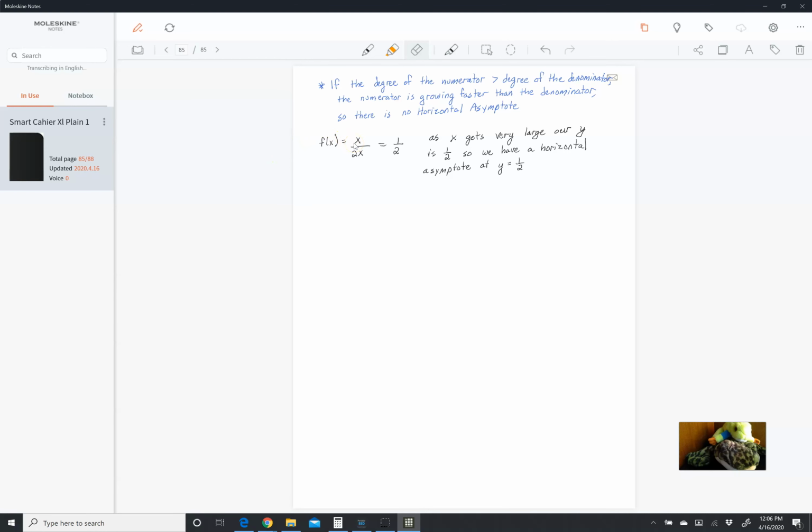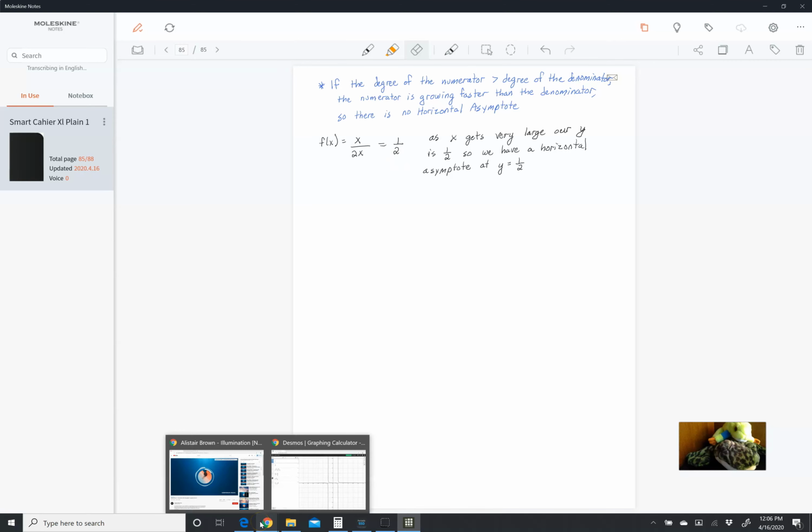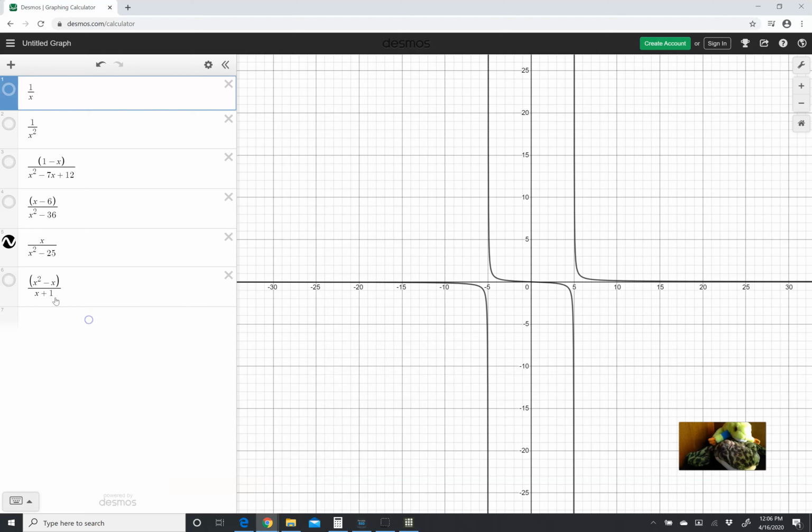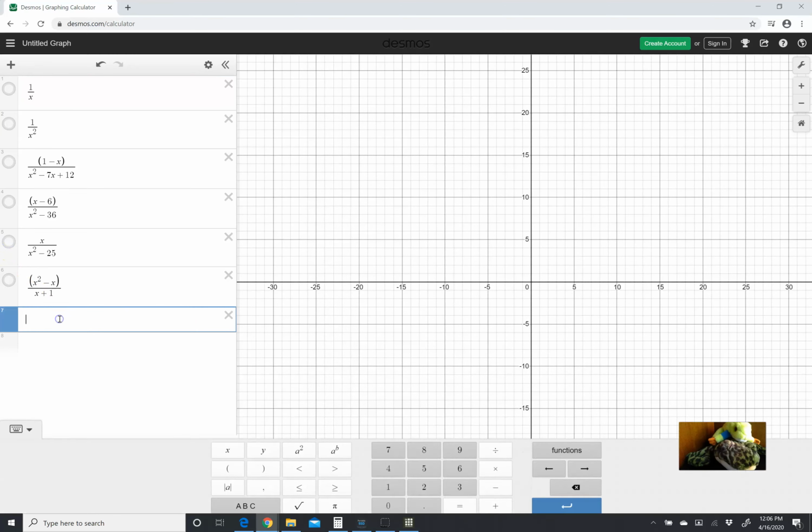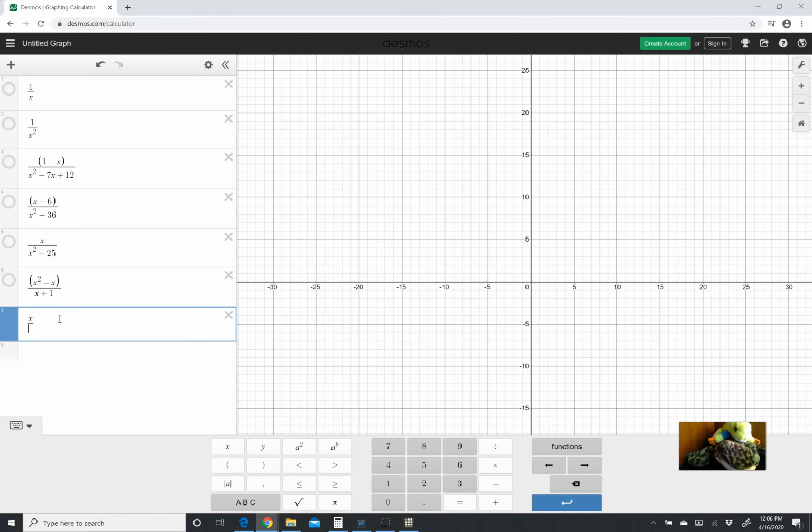X could be huge, but it's canceling out. So we get 1/2. So we're saying as we approach this, we get 1/2. And let's see what that looks like on a graph. So we have x divided by 2x.